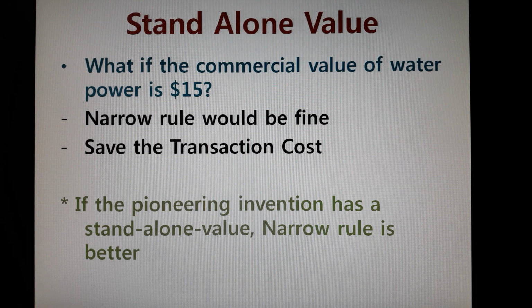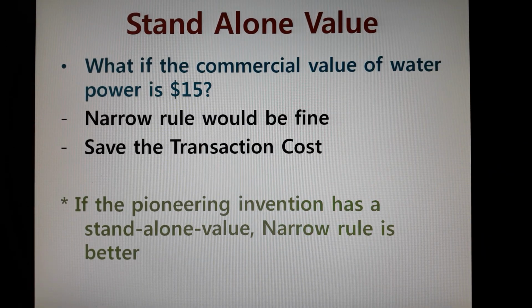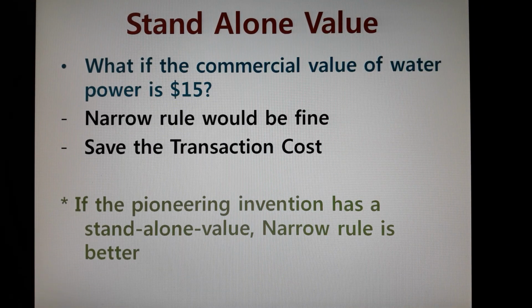So the water power theory itself, in this example, we call it has a stand-alone value, which means without commercial application, the pioneering invention itself is profitable. So when the pioneering invention itself is profitable, has commercial value, it's better to define it narrowly. Because if you define it broadly, then Kate and Jane should negotiate. During that process, there would be a transaction cost.